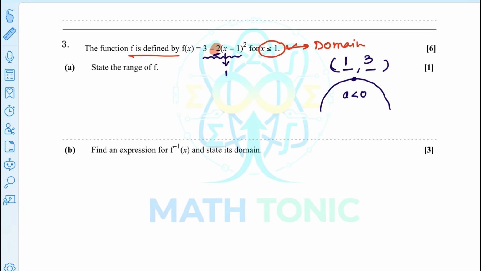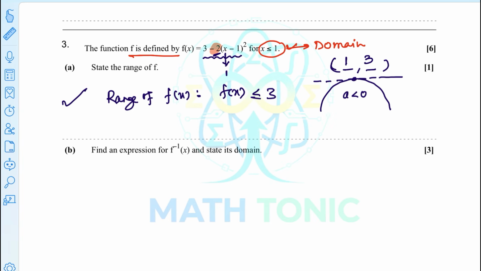Are you getting it? So this is the maximum value of y, or the maximum of the range. So we can say that the range of f(x) is f(x) less than or equal to 3. Got it?